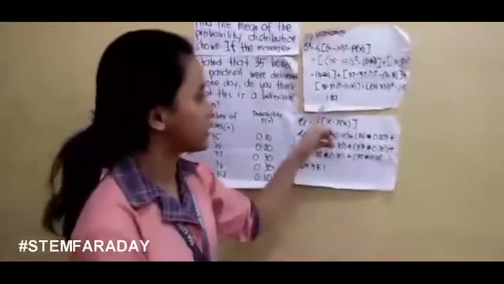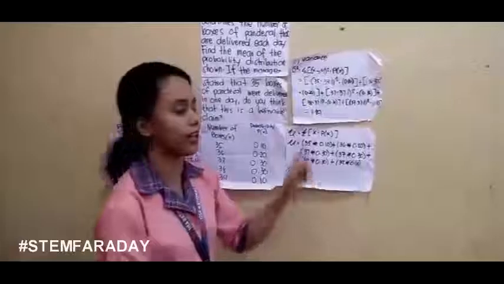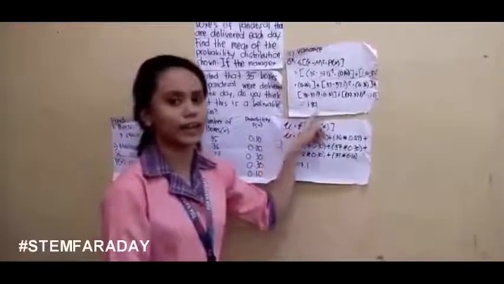In order to find the final answer, use the calculator. So the final answer is variance equal to 1.29.